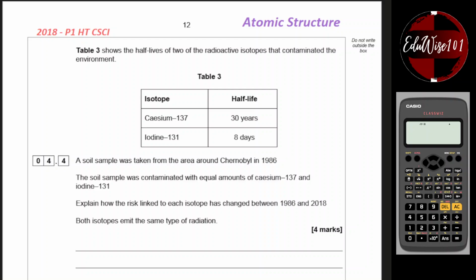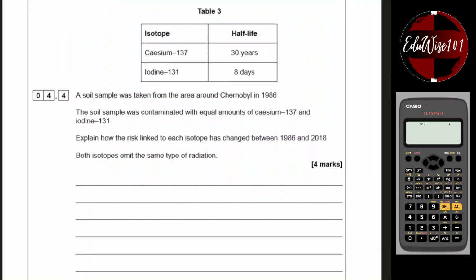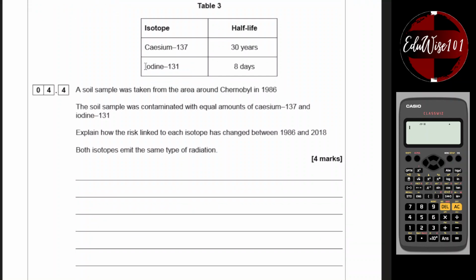Explain how the risk linked to each isotope has changed between 1986 and 2018. Both isotopes emit the same type of radiation. Now, iodine with a short half-life would reduce its activity in a much faster time compared with cesium, which has a half-life of 30 years.